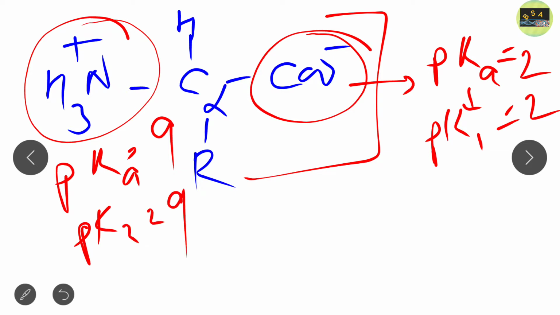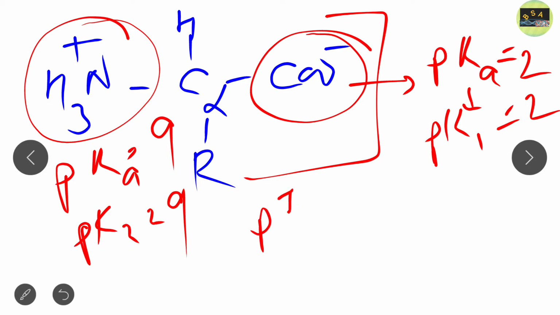This is a general formula. It may be more than 9, that is 9.3, 9.6, but generally 9, except in the case of proline, which is above 10. So those are the special cases. We will look at all those things in our upcoming lectures. So how can we calculate?